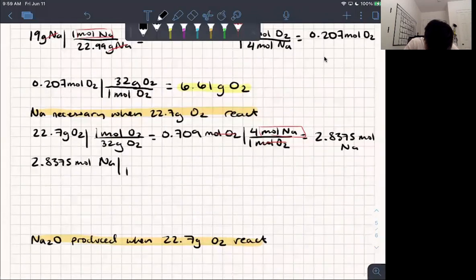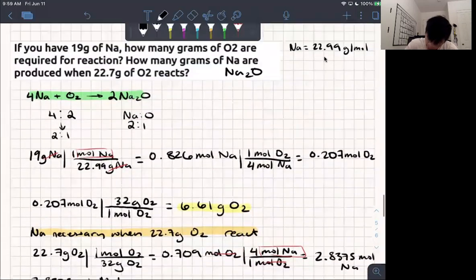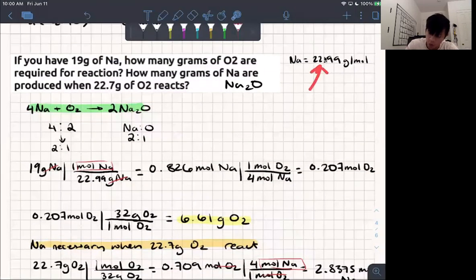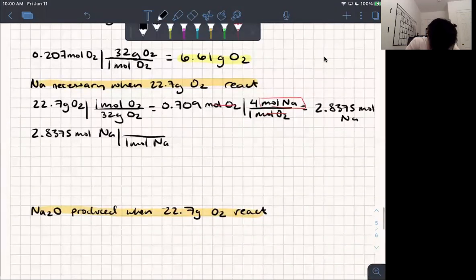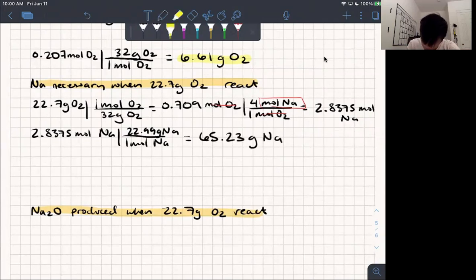For every 1 mole of sodium, it weighs 22.99 grams. So 2.8375 times 22.99 equals 65.23 grams of sodium. Okay.